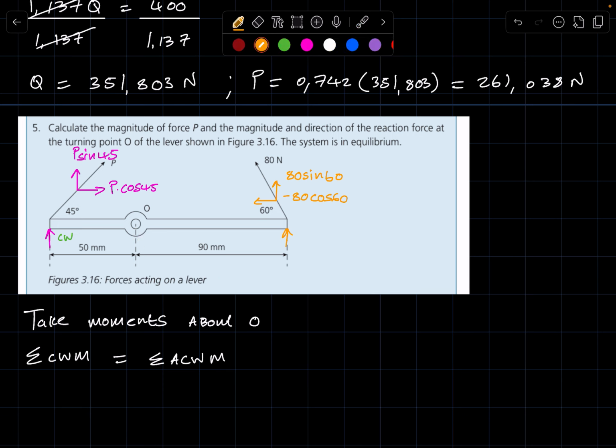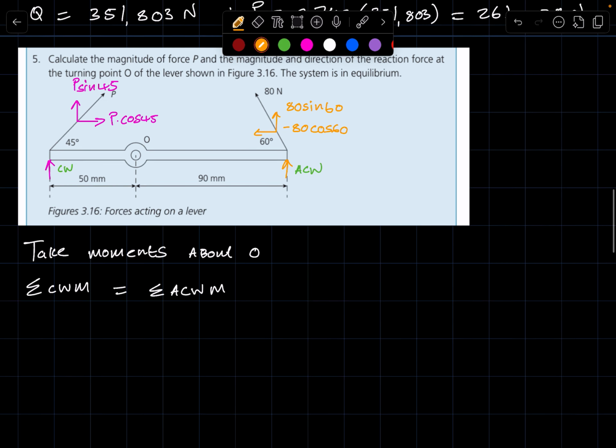That's the vertical component of the 80 newton force. Its horizontal component is acting in that direction, parallel with the line of action of the hinge point O, so it has no applicable turning effect. So this we can ignore as well.